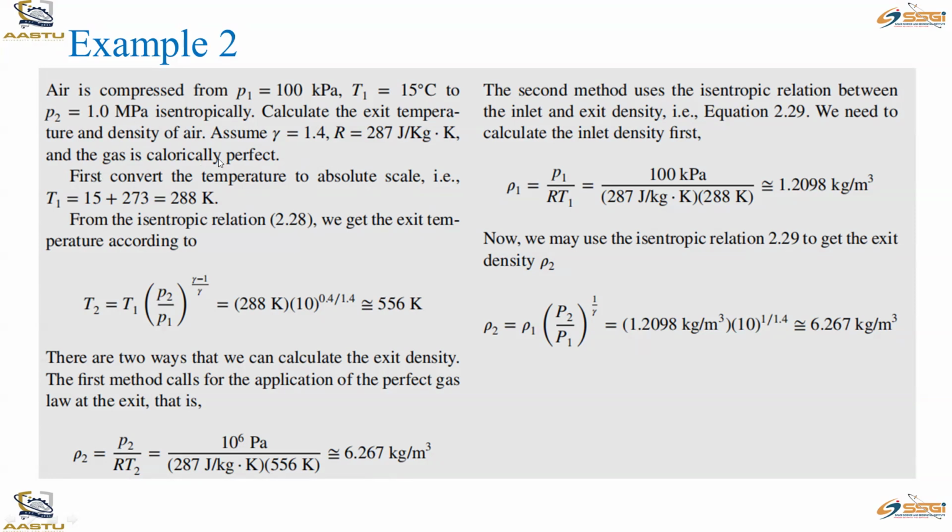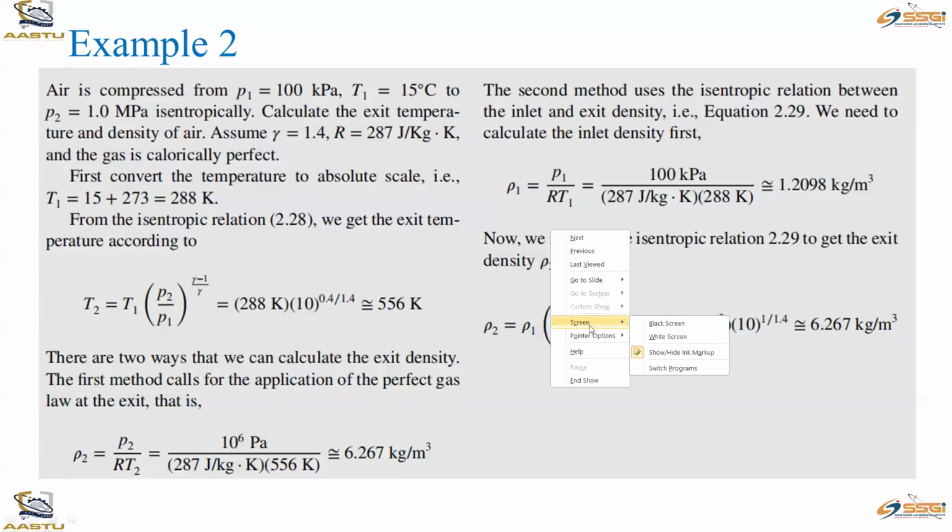So what is the solution for this? First, calculate the absolute temperature. At 15 degrees centigrade, the absolute temperature is 288 Kelvin. And then from the isentropic relation, we have this kind of relation.